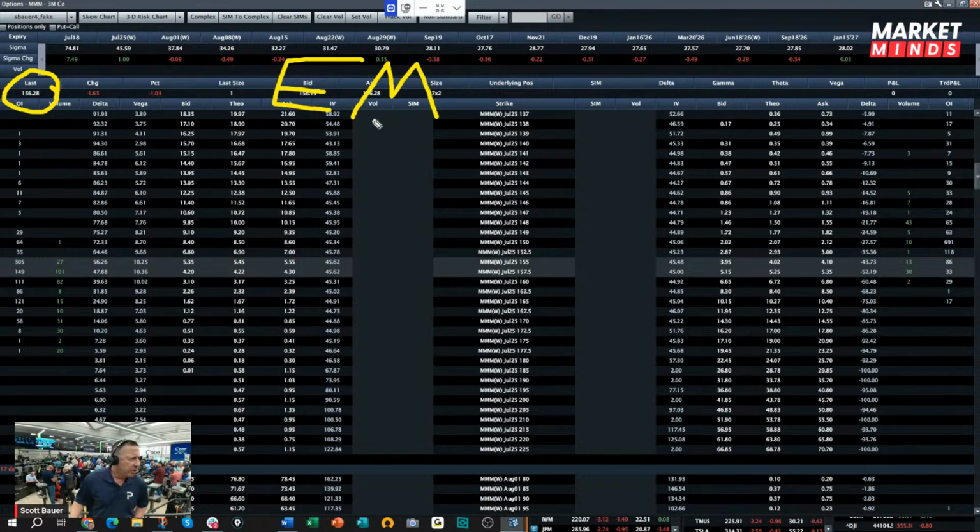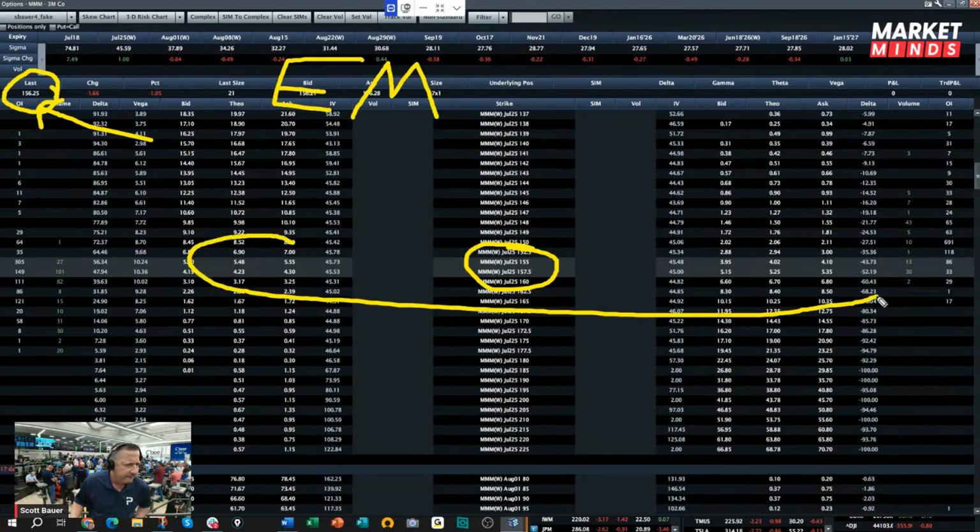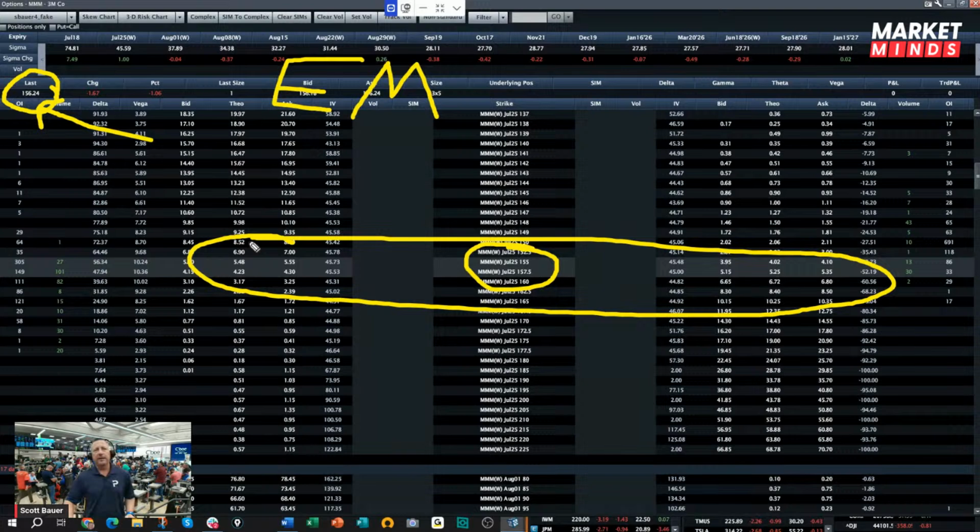Kevin. Okay. So with Triple M trading, what is that, about 156 right now? If I'm looking out to next week, what do you guys see as the expected move for next week? Anybody?